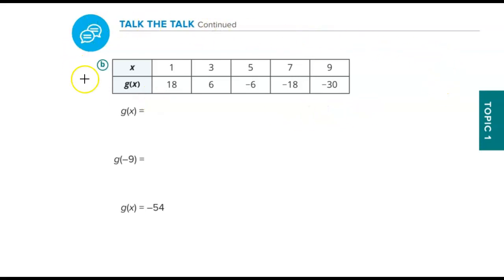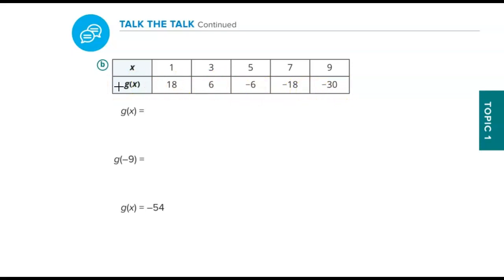Here you have another table of values. So you have your x values or input values, also known as independent variable values. And then you have your y's, or your outputs, or your dependent variable values.